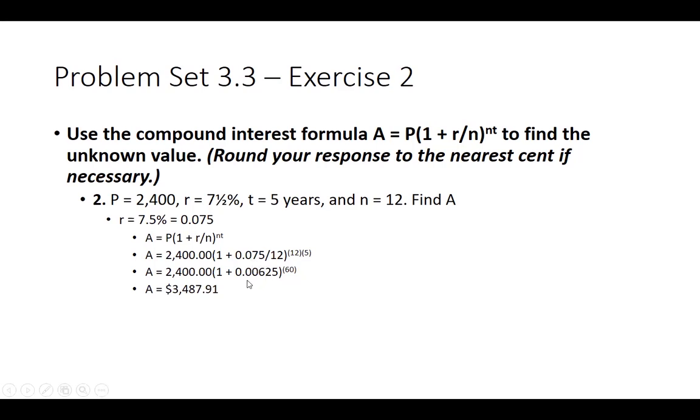That gives us 0.00625. Add 1 to that. That gives us 1.00625. Raise to the 60th power. Leave that in the calculator. Multiply it by 2400. And we get $3,487.91 after rounding.